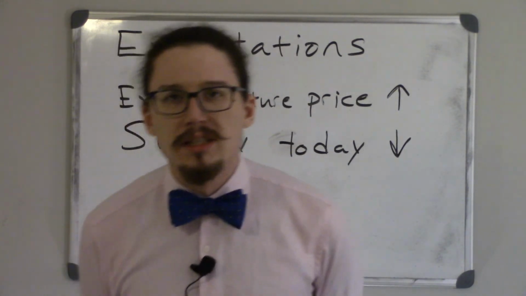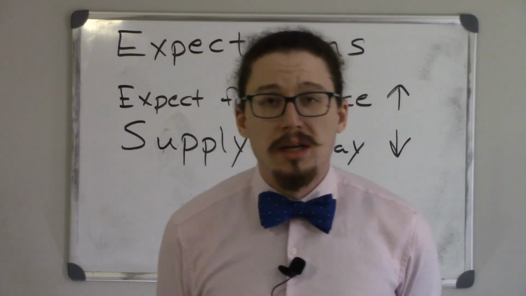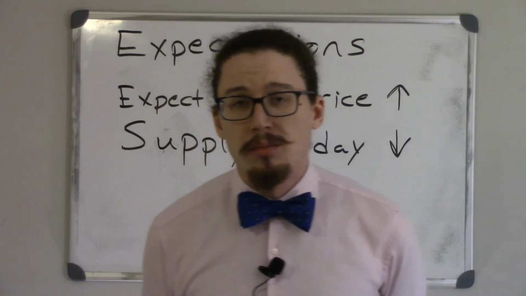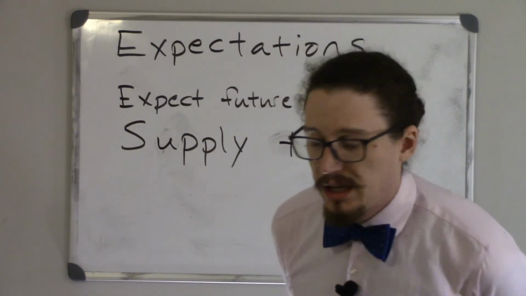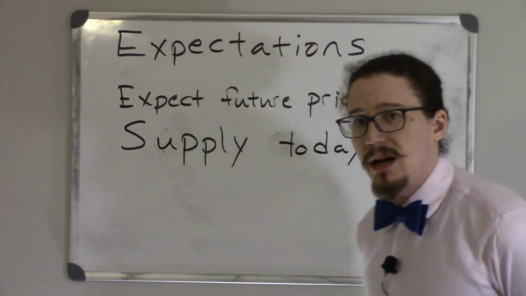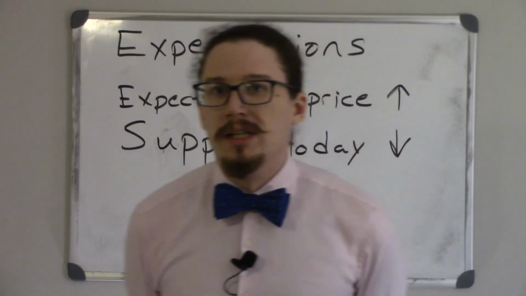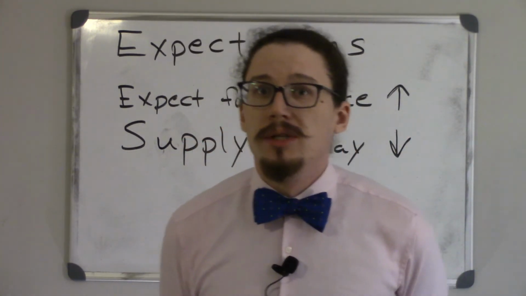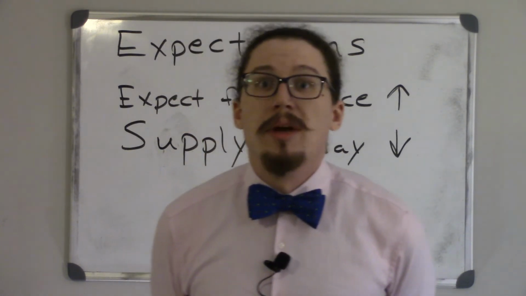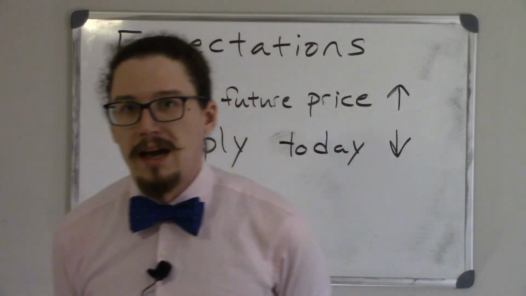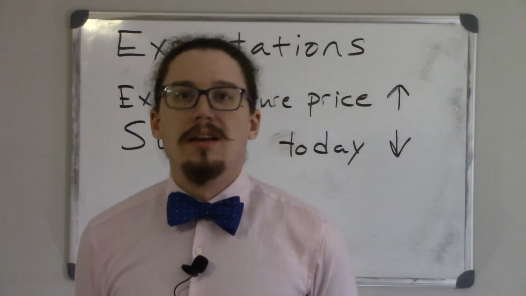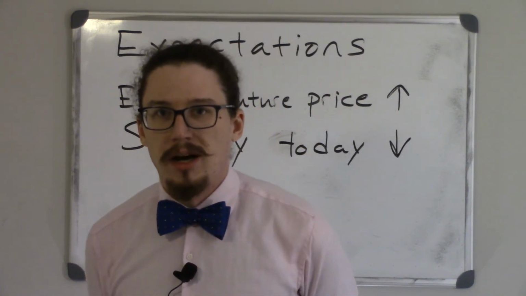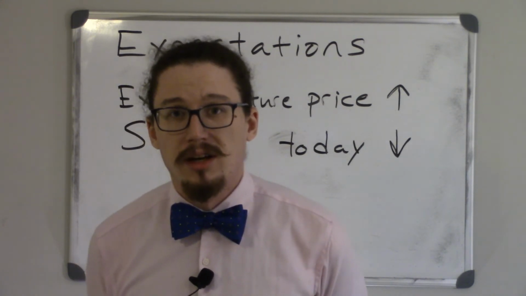All right, but just like with the demand side of things, it's not just expectations about prices that can affect supply, other expectations can as well. Similarly to the example we did of demand for gas when there's a hurricane, the supply of gas would also be affected by the expectation of a hurricane.